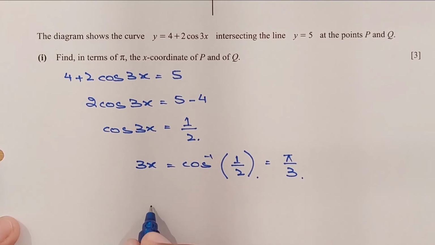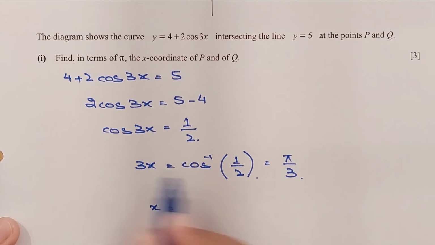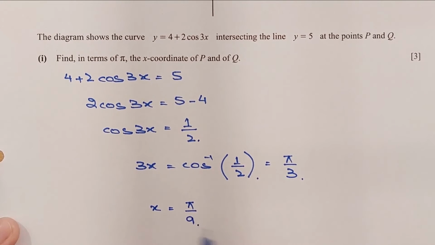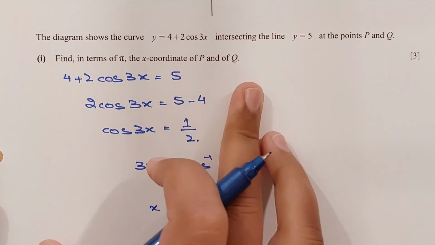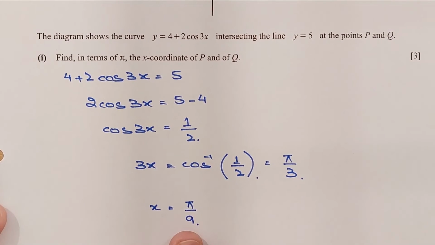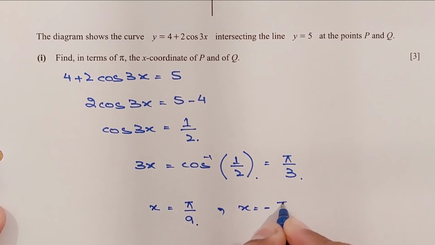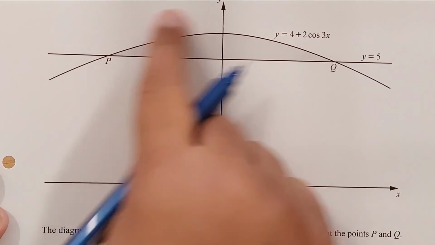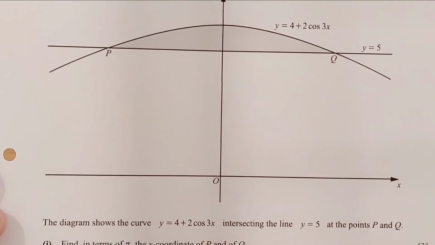right? And here 3 is dividing over here, 3 times 3 is 9, so this is pi by 9, right? So the x coordinates of P and Q are pi by 9 and minus pi by 9. x equals minus pi by 9 as well, because this is a cos function. Cos function is symmetrical over the y-axis, right?